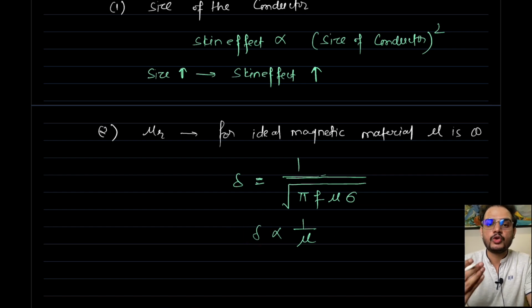As my skin depth is 0, it means it has higher skin effect, because skin effect and skin depth are inversely proportional to each other.